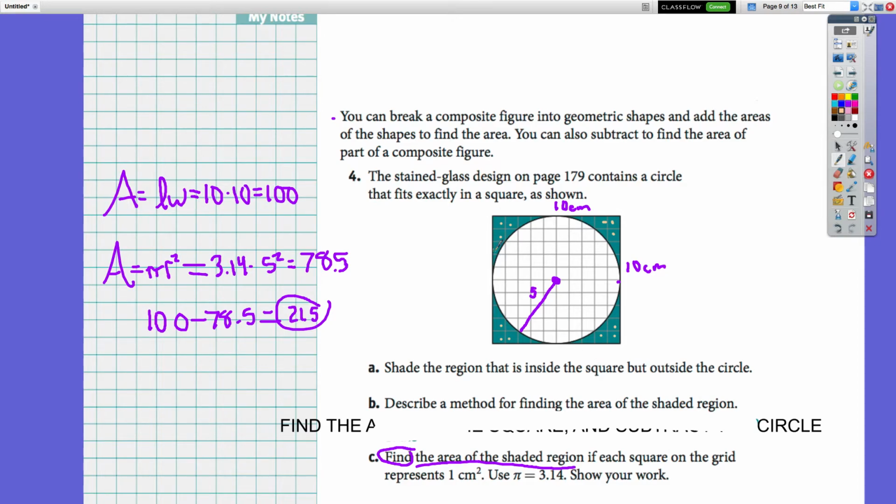We can attempt to say, all right, these might fill each other out, those might fill each other out, but we're not going to be very accurate. 13, 14, 15, 16, 17, 18, 19. Let's say these are half, 20, 21. That's still not going to cover what I'm actually going to get here, okay? So don't try to count the shaded area. We're going to be looking for equations. We're going to be looking for numbers.